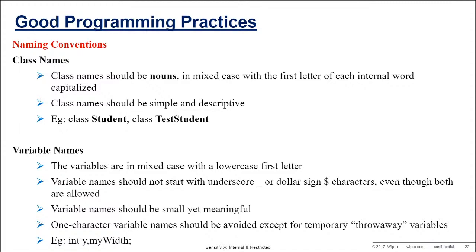Similarly for variable names, the same thing applies. The only difference is that the first letter of the first word will be a small letter, and the first letter of each subsequent word will be a capital letter, and strictly no spaces.